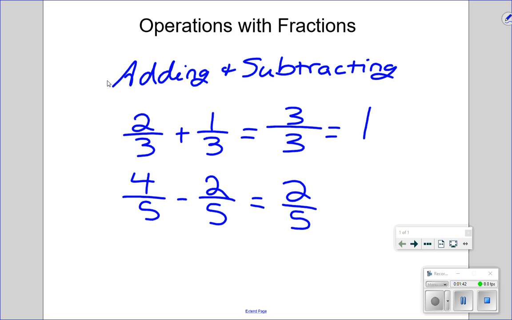If you do not have a common denominator, so for instance, instead of thirds, we have 1/3 plus 1/2, then you need to rewrite your fractions with a common denominator. For addition and subtraction, you must have a common denominator. So in that case, what you need to do is look at your two denominators and think, what could I write them both as?